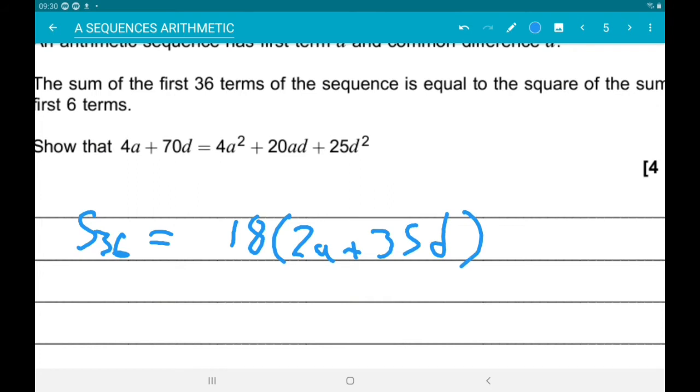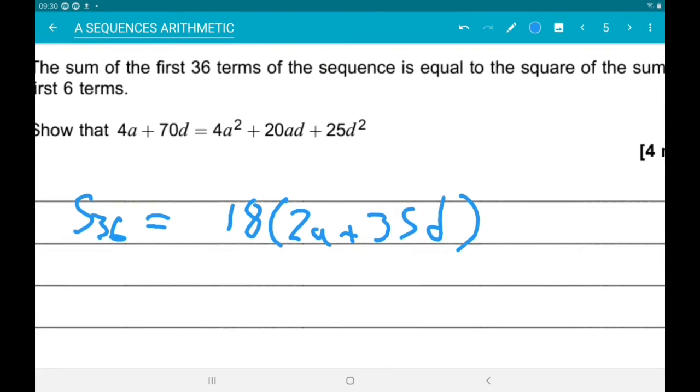Alright, now the sum to 6 is 6 over 2, so 3, lots of 2a add 5d.